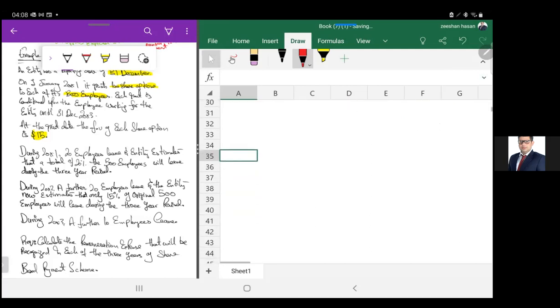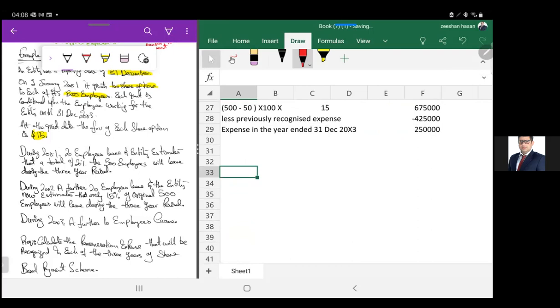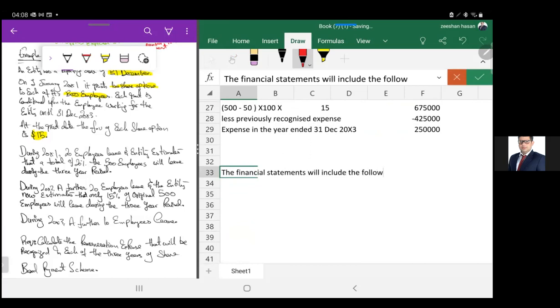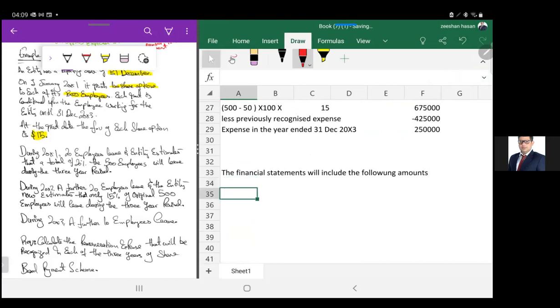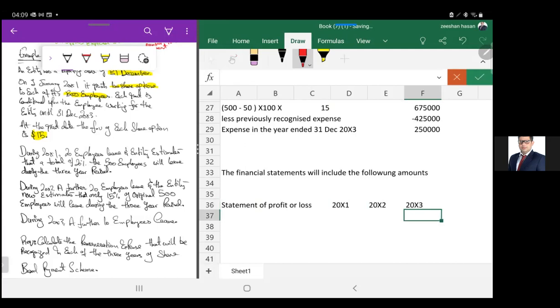Now let me show you what the financial statements will include. The financial statements will include the following amounts. Right. Firstly, I'll show you the statement of profit or loss. 2000X1, 2000X2, 2000X3.